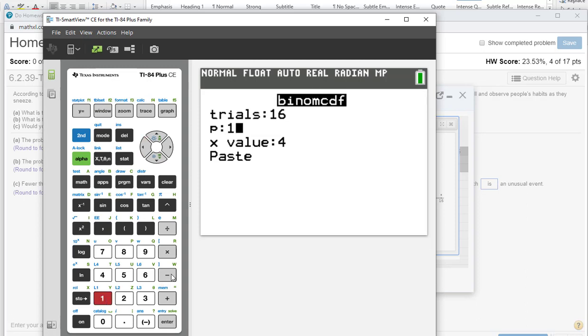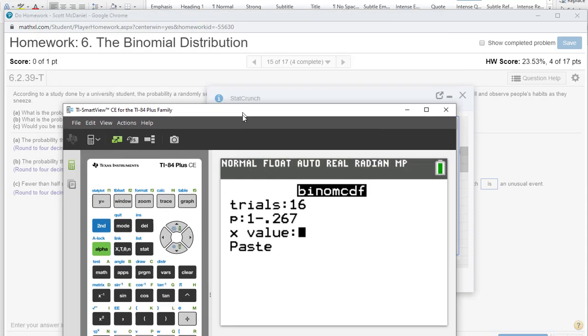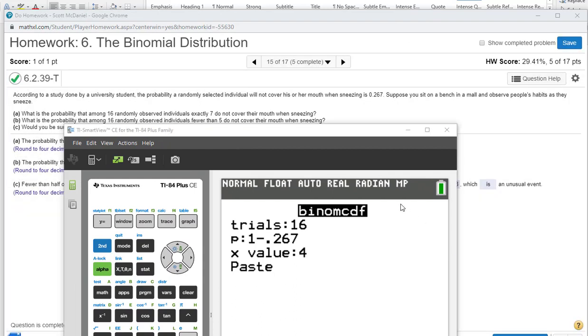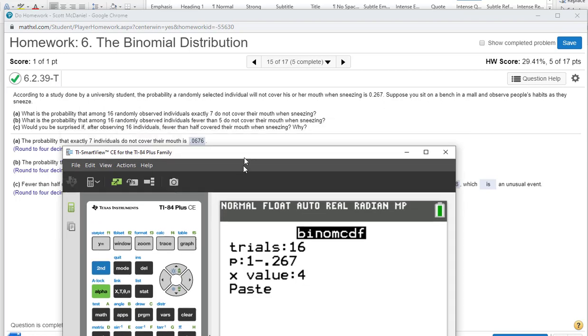We can go 1 minus 0.267. That actually gives me the probability of covering their mouths. Again, 0.267 is the probability they don't cover their mouths. So the probability they do is the complement of that, 1 minus 0.267. And that's what I'm asking for here, right?